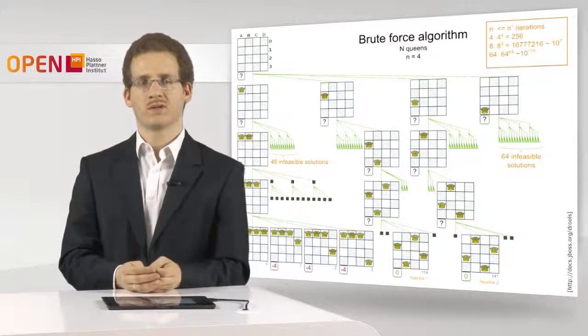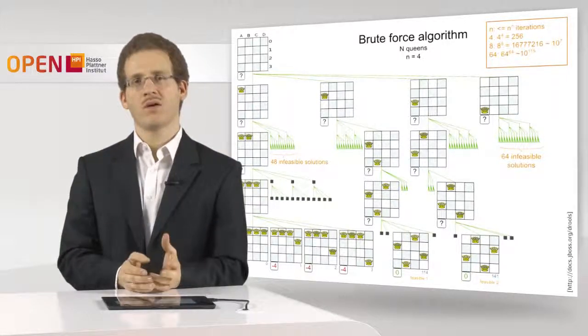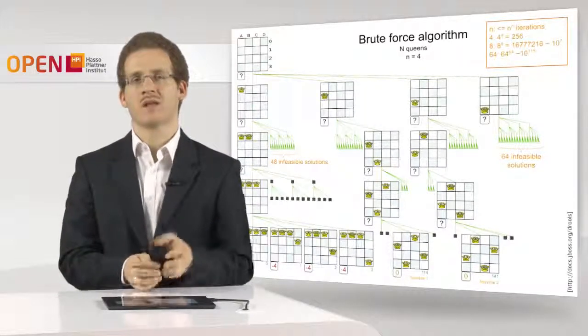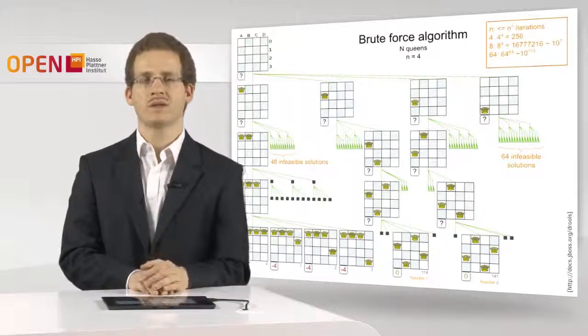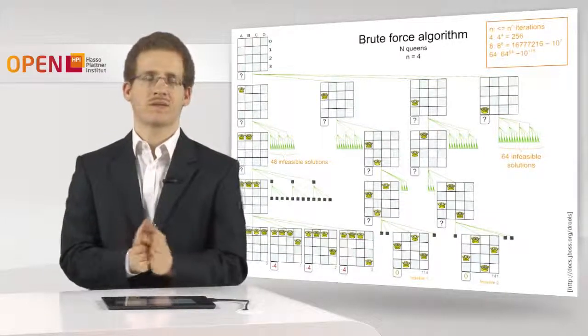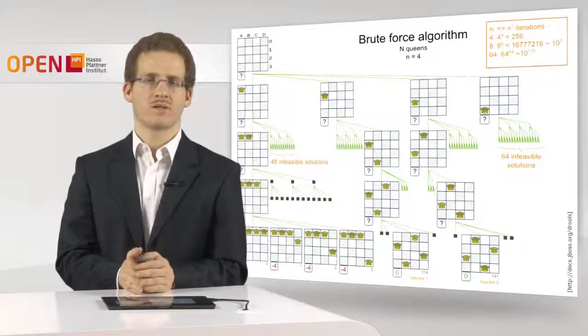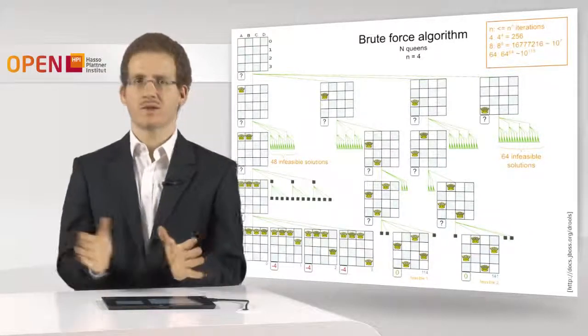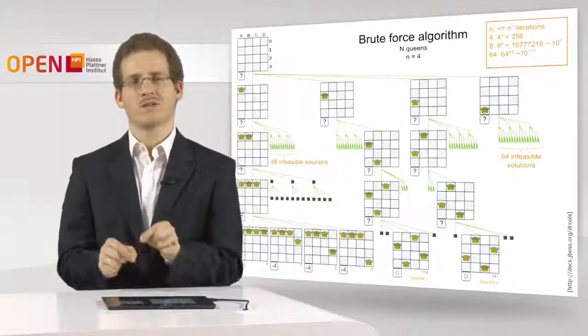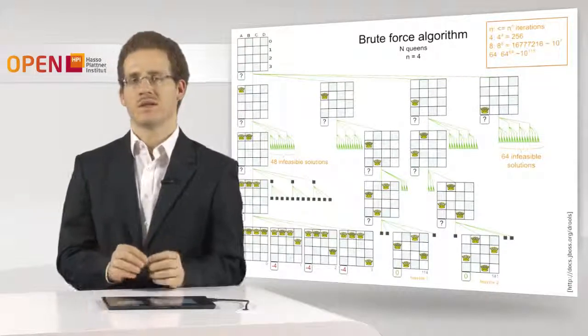So you place your queen and then you try all the different variations that result from this particular first queen placement, and you figure out if they are feasible or not. Brute force basically means you go through the complete search space and you look into each and every single possible solution in there.